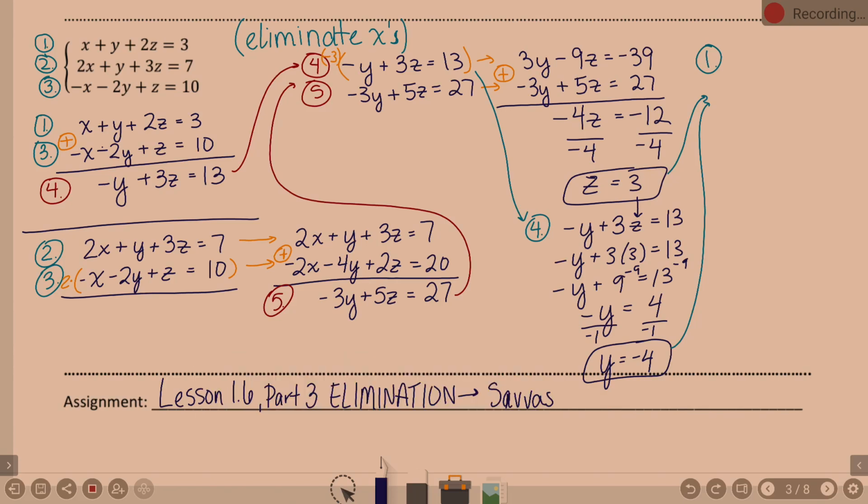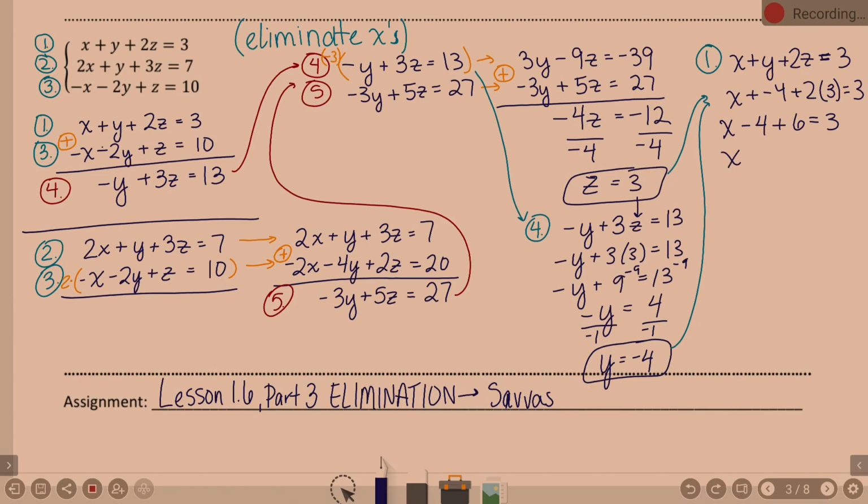So let's see. Let me write down what 1 is. X plus y plus 2z equals 3. So let's see. X I don't know. Plus negative 4 plus 2 times 3 equals 3. X minus 4 plus 6 equals 3.